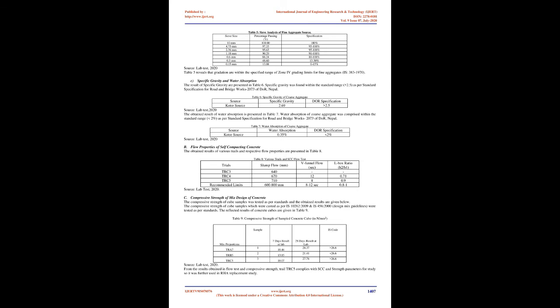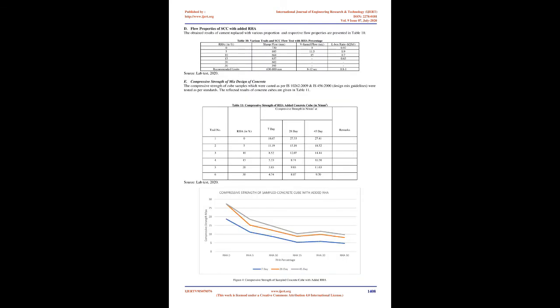B. Flow properties of self-compacting concrete. The obtained results of various trials and respective flow properties are presented in Table 8. Table 8, Various trials and SCC flow test. Trials, slump flow, V-funnel, L-box. TRC 3, 640.